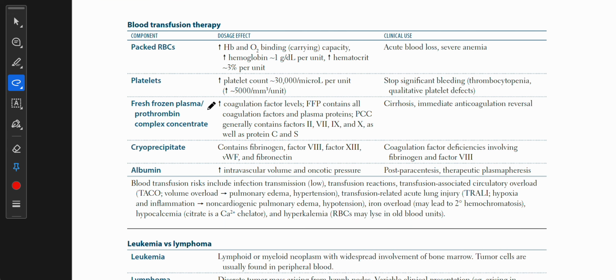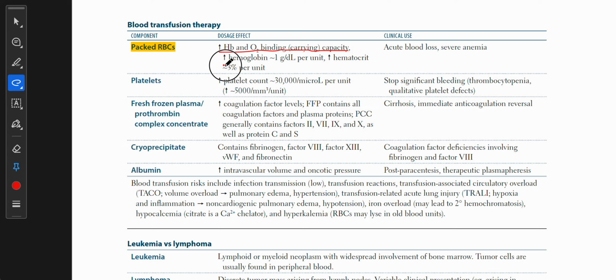So there are blood transfusion therapies. Whole blood is not used every time for every disease where blood is required. There are fractionated components of blood that can be used in different situations. The packed RBCs are usually used in what cases? Dosage effect: if we infuse packed RBCs, there will be increased hemoglobin, obviously, and also increased oxygen carrying capacity.